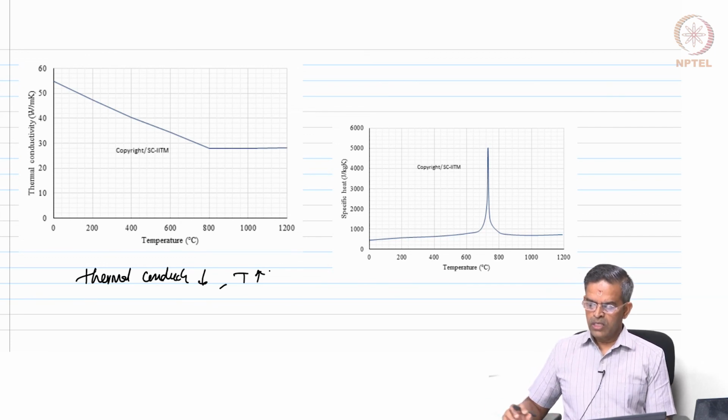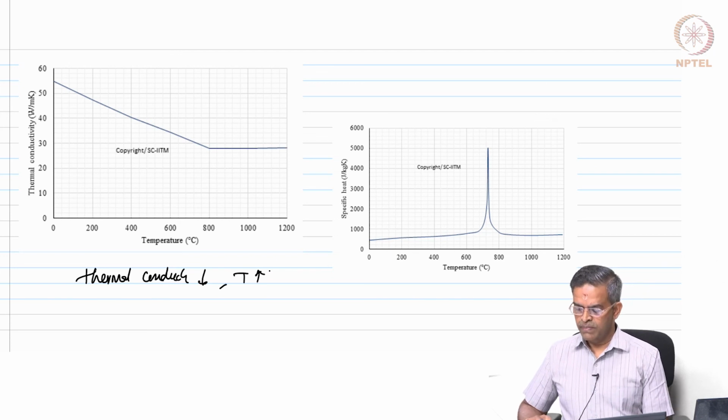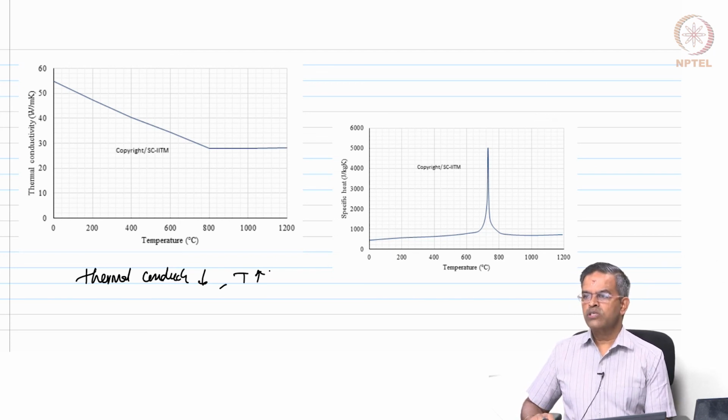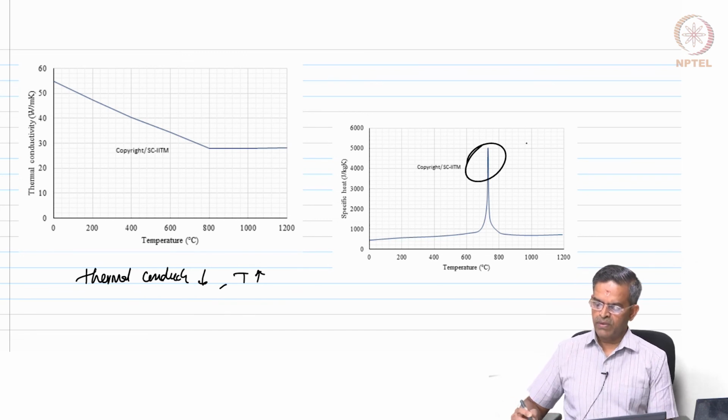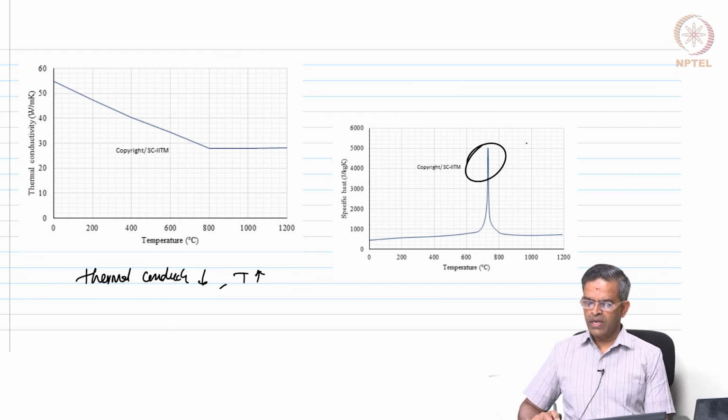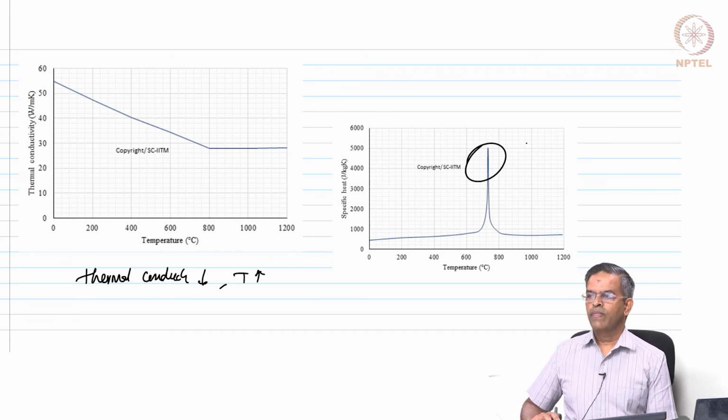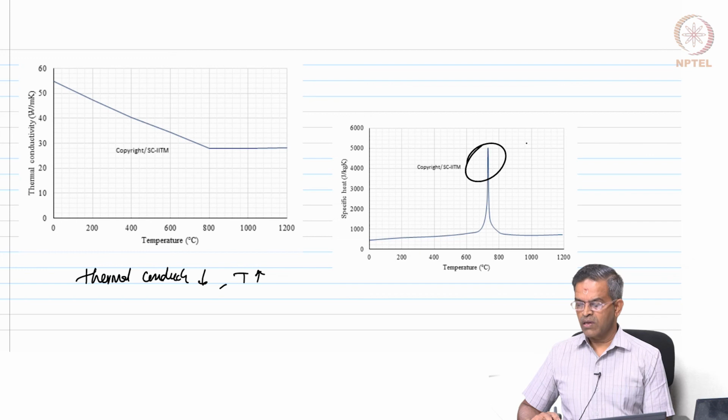Furthermore, the specific heat capacity of steel remains almost constant except at about 700 degrees Celsius, where it reaches a peak and touches about 5000 joules per kg Kelvin, close to a range of about 750 degrees Celsius in temperature.